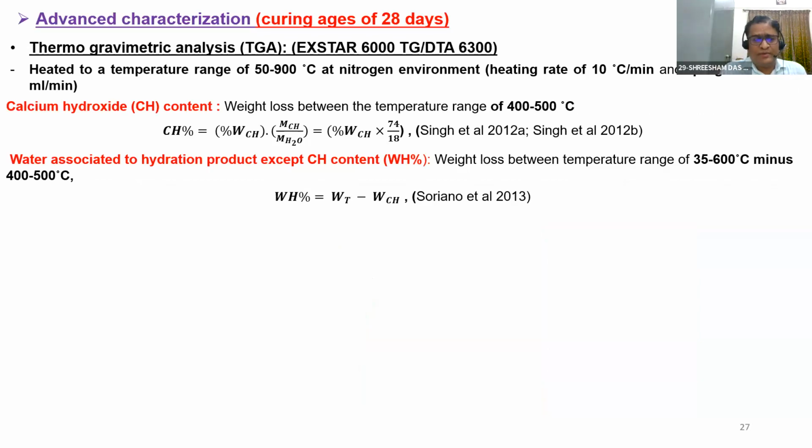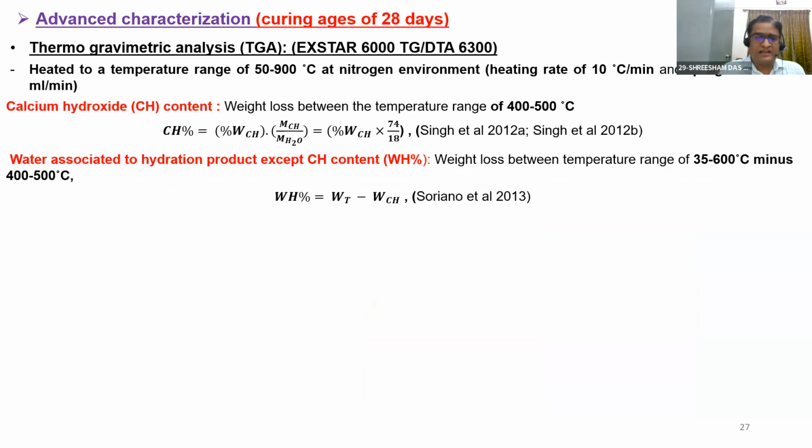As I was talking about how we realized it is stopping the hydration, that is through thermogravimetric analysis, that is TGA. If you do a TGA of a cementitious composite, you can understand how the hydration phenomena happens.